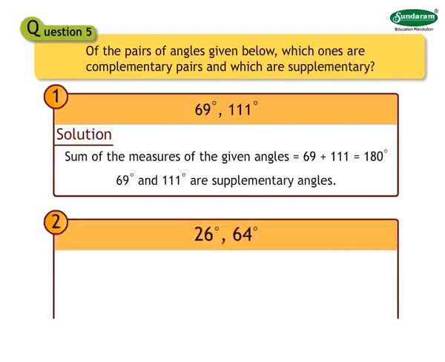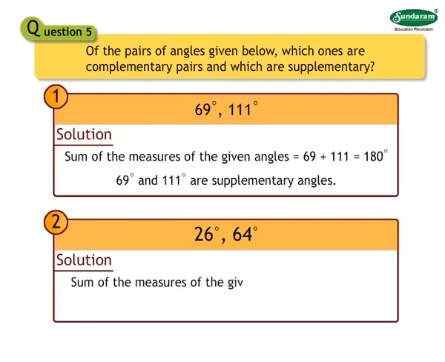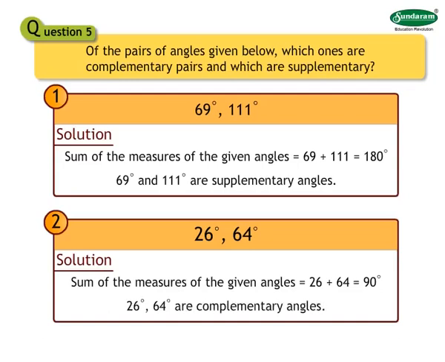Number 2. 26 degrees, 64 degrees. Solution. Sum of the measures of the given angles is 26 plus 64, which is equal to 90 degrees. Therefore, 26 degrees and 64 degrees are complementary angles.